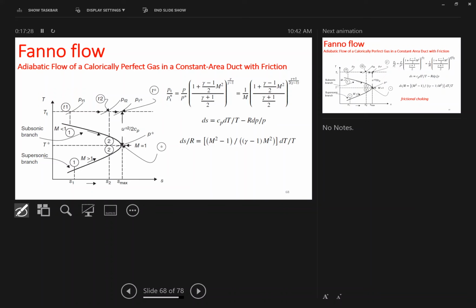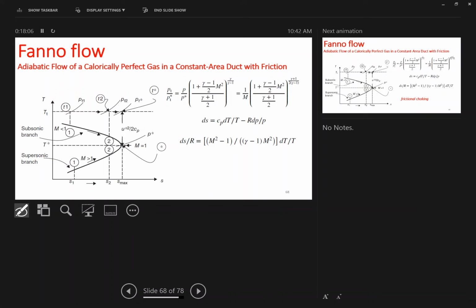Can we find this maximum entropy value? Yes? No? Yes. Okay. Obviously. How can we find it? Integrate that equation. Do we need to integrate that equation though? So the maximum happens when you eventually have to integrate it. You're right.